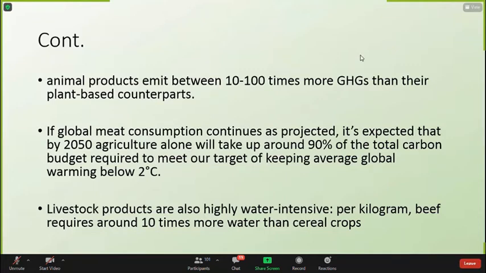If global meat consumption continues as projected, it is expected that by 2050, agriculture alone will take around 90% of the total carbon emission budget required to meet our target of keeping average global warming below 2 degrees Celsius. Livestock products are also highly water intensive per kilogram. It's very expensive, requiring about 10 times more water than cereal crops.